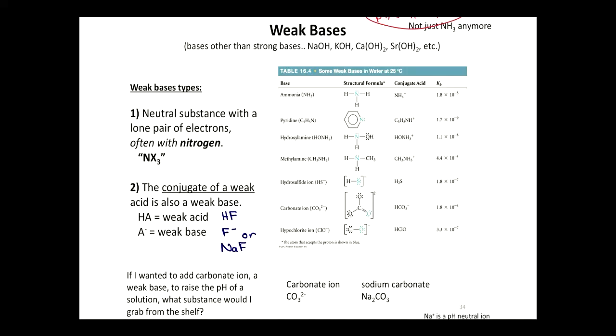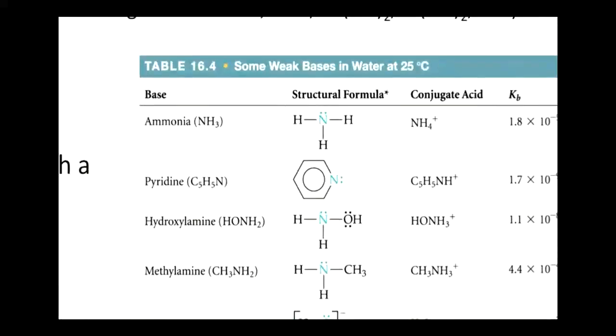There's 2 main types of weak bases. The ones you want to be looking out for are neutral substances that have a nitrogen attached somewhere. I like to say they look like ammonia. As long as you memorize that ammonia is a weak base, if it looks like ammonia and there's a nitrogen on it and it's charge neutral, it's probably a weak base. Look at these top 4: ammonia, pyridine, hydroxylamine, methylamine.